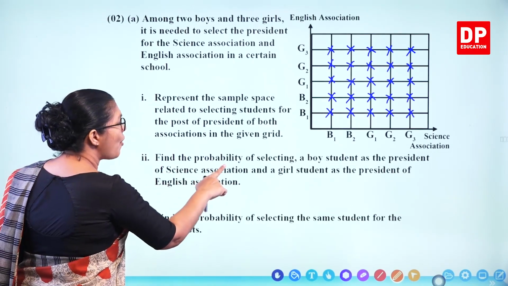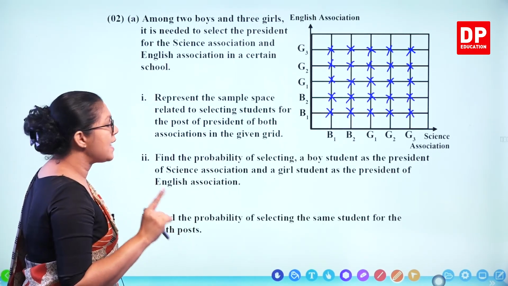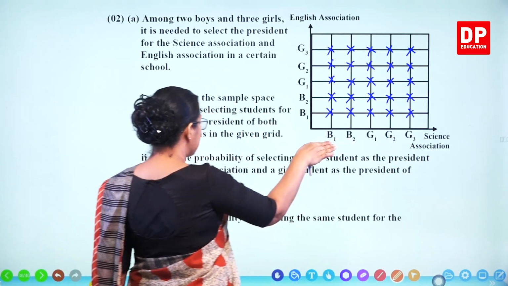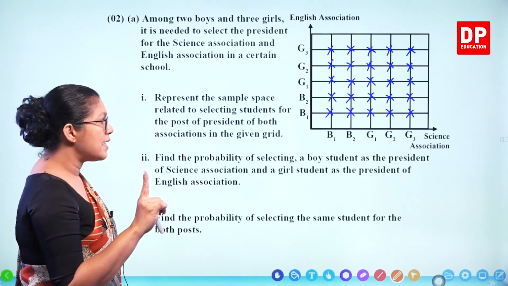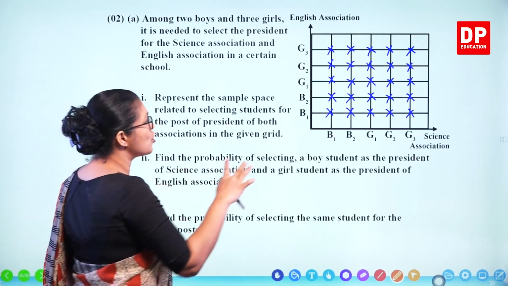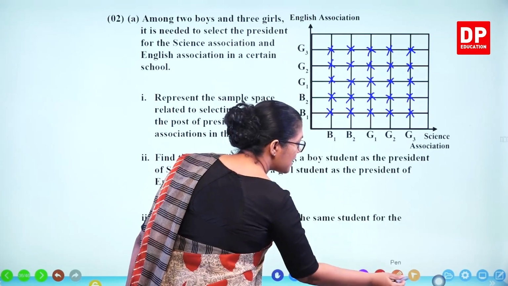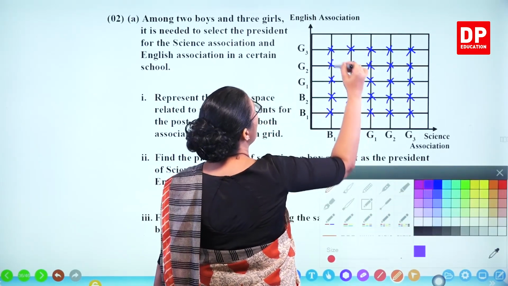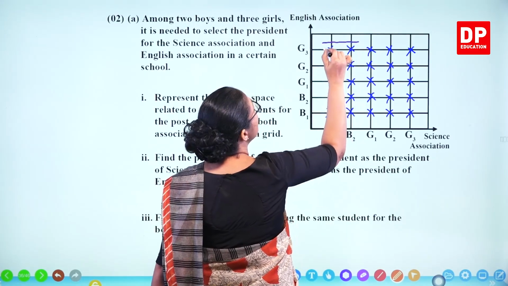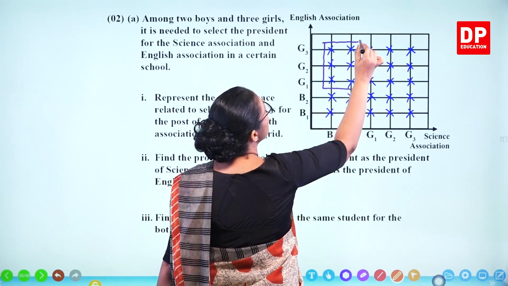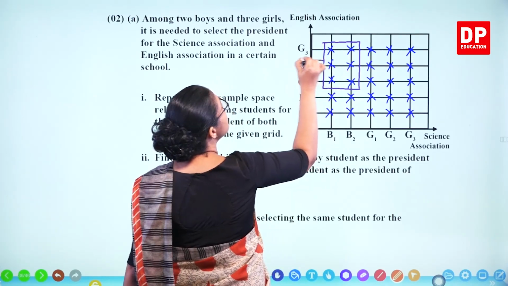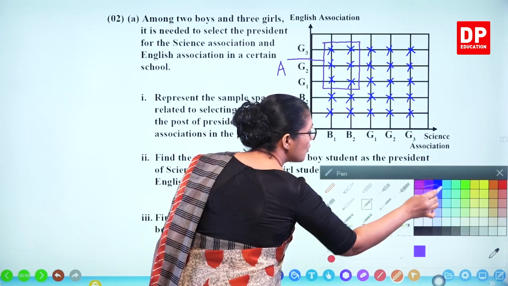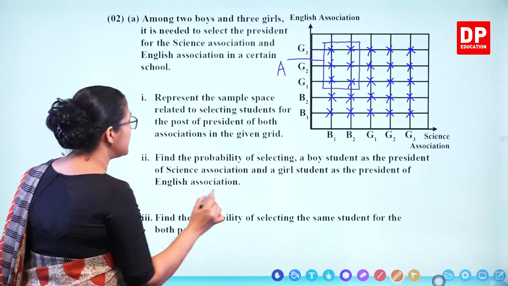And find the probability of selecting a boy student as the president of Science Association. So that means this side boys and a girl student as the president of English Association. This side girls. So what's the required set? Boys and girls. So here this set is the required one. So if this is A, what's the probability of getting A? So they want find the probability.